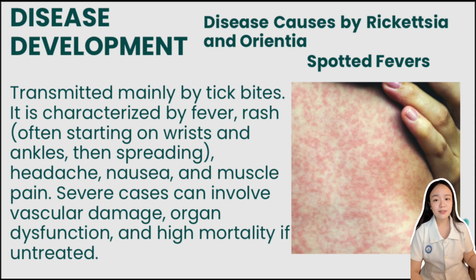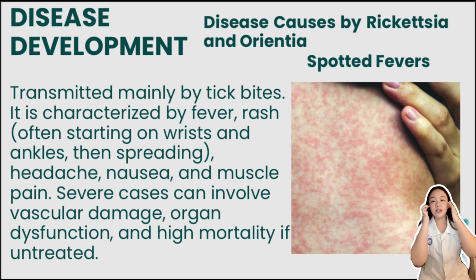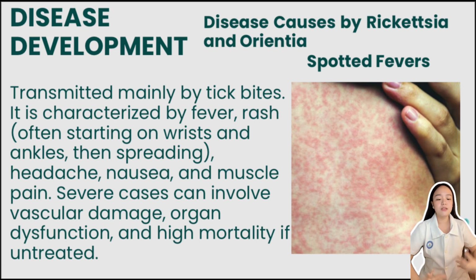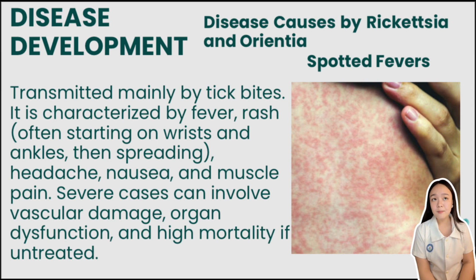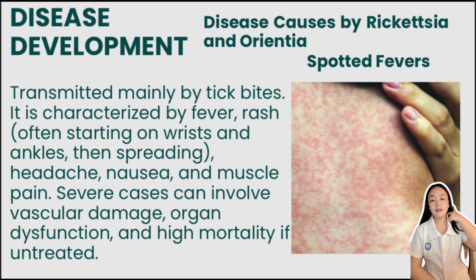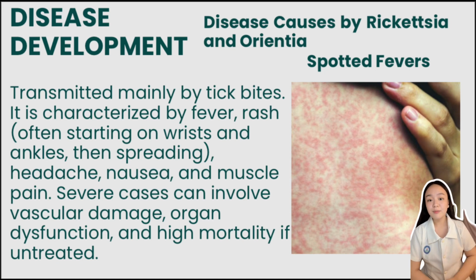And if meron ka nitong spotted fever, nag-i-start yung rash mo on the wrist hanggang sa mag-spread siya. So, magkakaroon ka din ng headaches, nausea, and muscle pain. So, pag hindi nagamot ito agad-agad, pwede mo rin siyang ikamatay. So, yung super small na bite ng tick na nag-carry nitong bacteria Rickettsiaceae is pwede mong ikamatay.